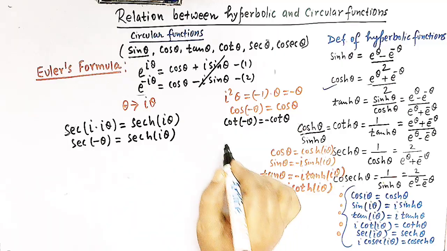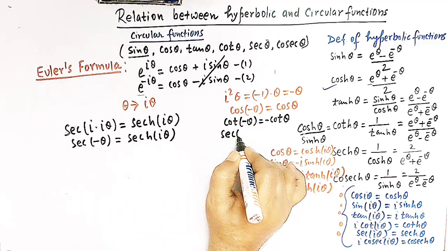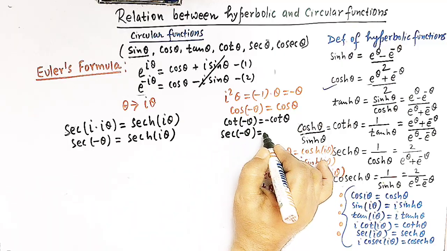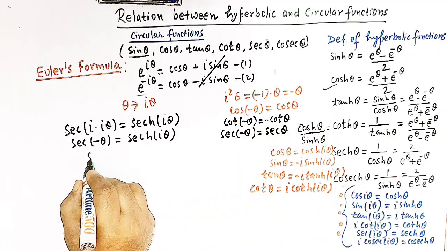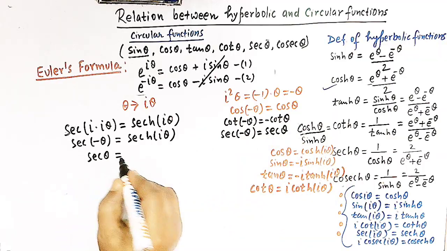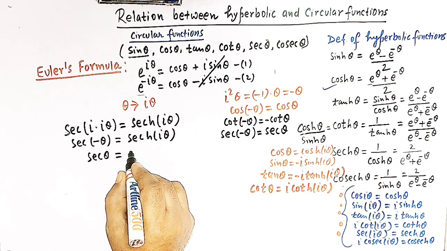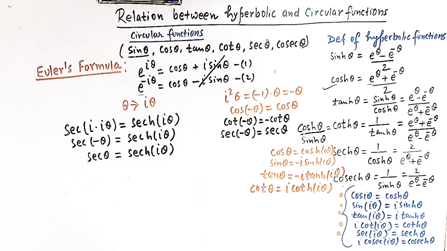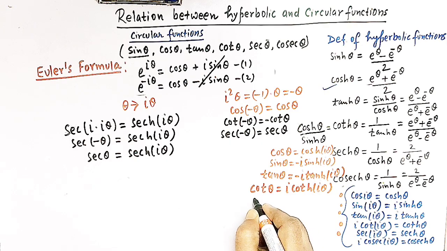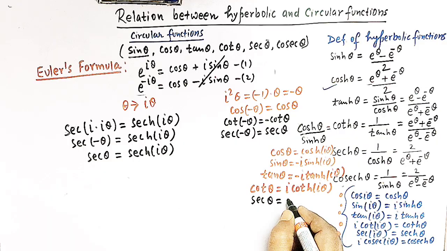Now from trigonometry, we know that secant of minus theta is simply equal to secant of theta. So we have sec theta equal to sech(iθ). So our fifth relation is sec θ = sech(iθ).